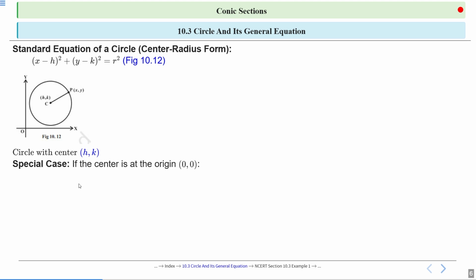Now, special case: if the center is at the origin (0, 0), then which equation will we get? We know the coordinates of the origin are (0, 0).